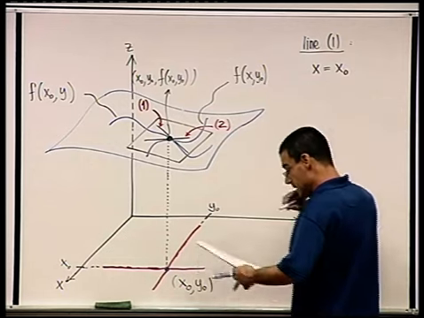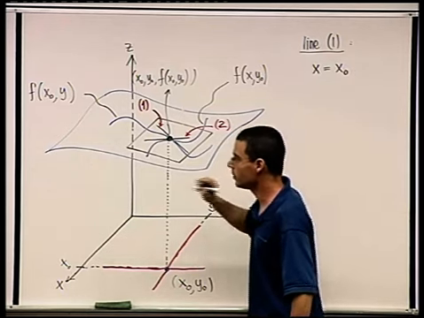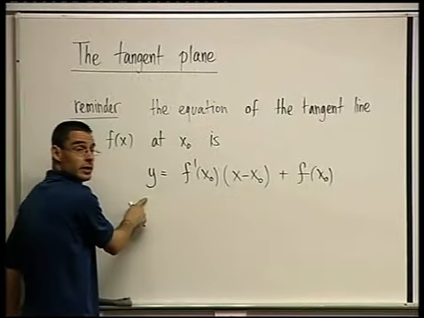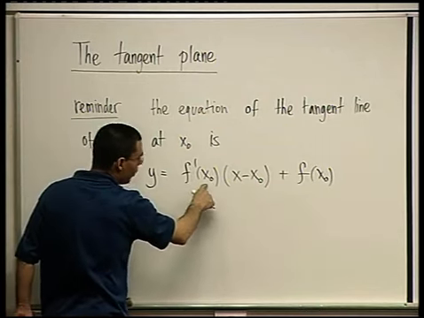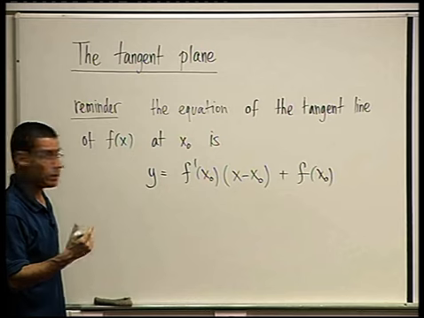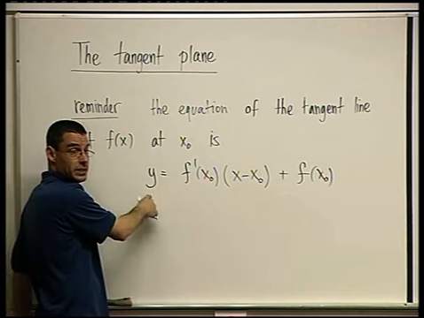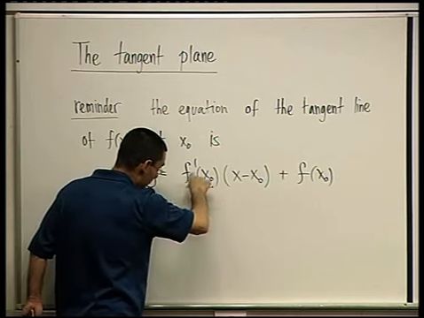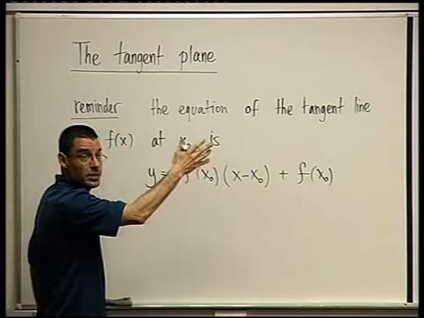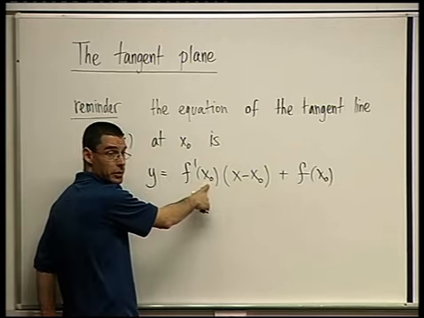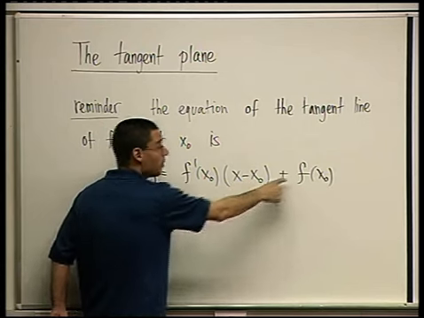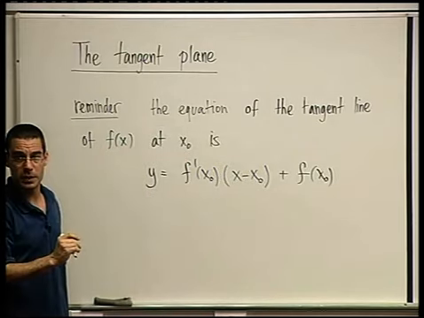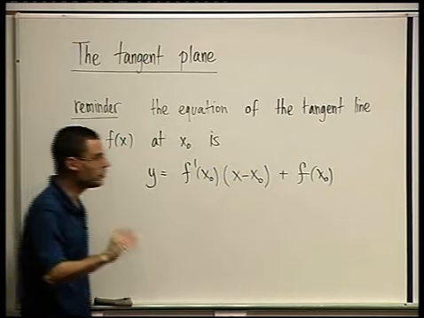I'm going to use the previous board, but the role of x is now going to be played by y, and y by z. It's going to be given by df/dy at the point y0 times y minus y0 plus f itself of y0, all with fixed x0, and this is going to be z. Tell me if you agree.